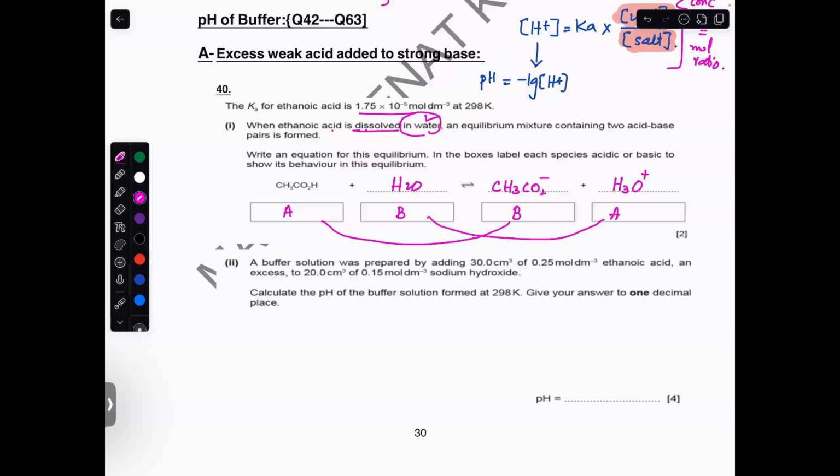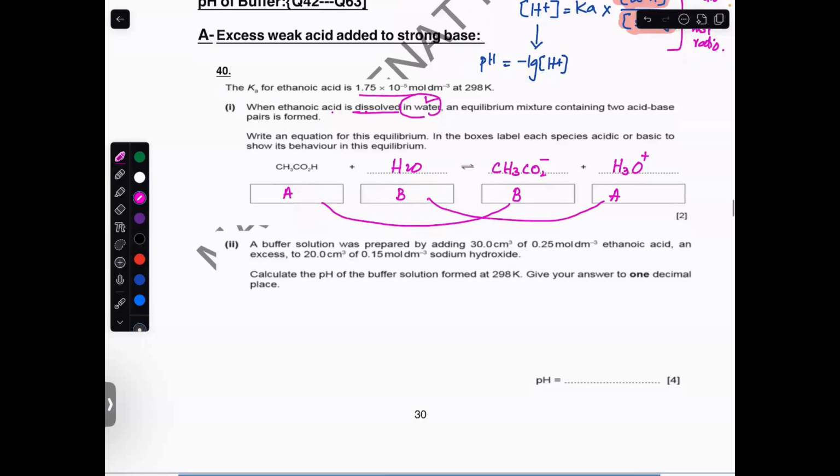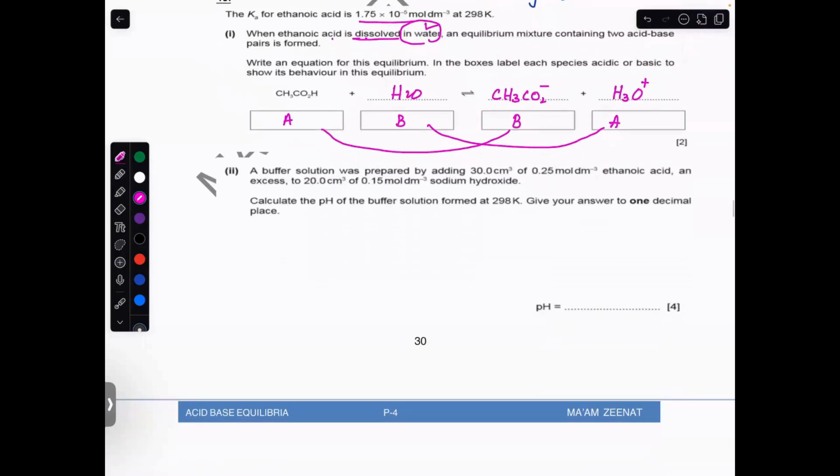Now coming to the buffer question. A buffer solution was prepared by adding this much ethanoic acid, which is in excess, to this much NaOH.